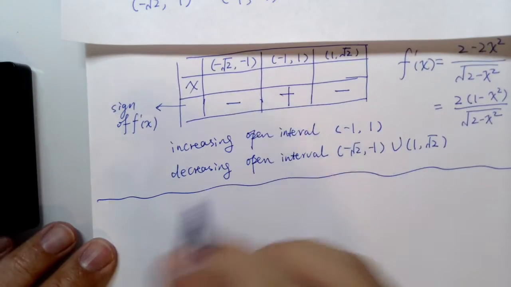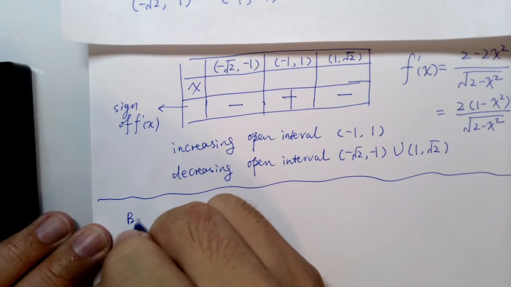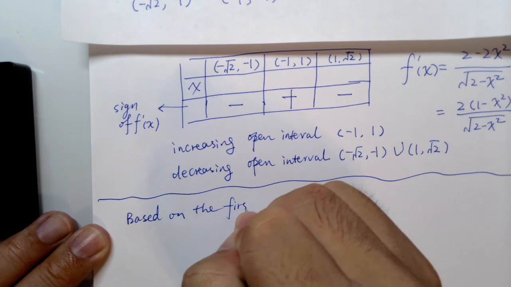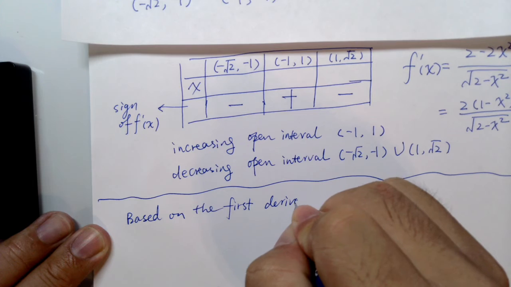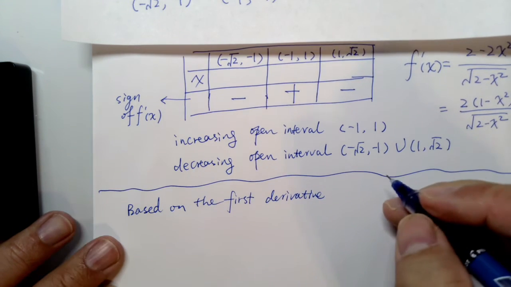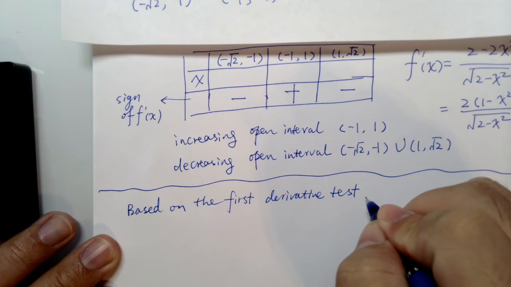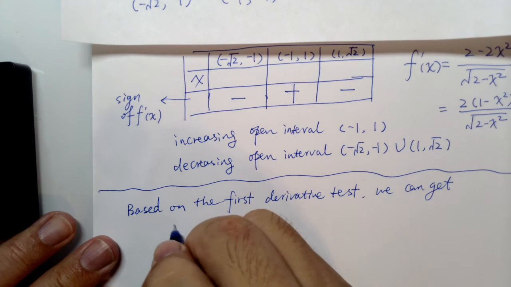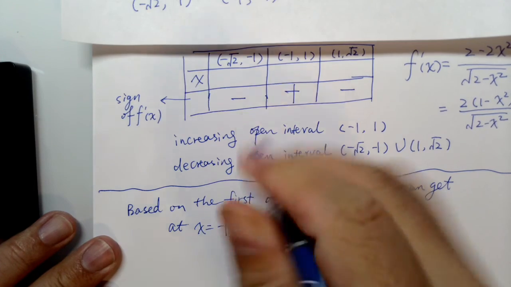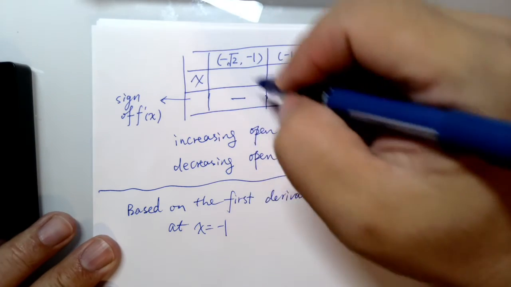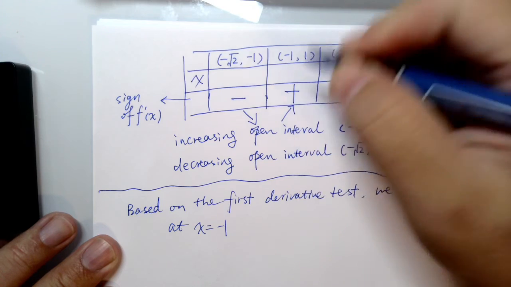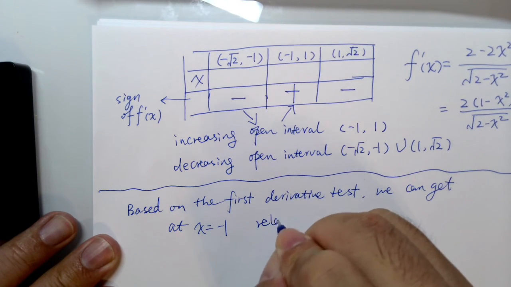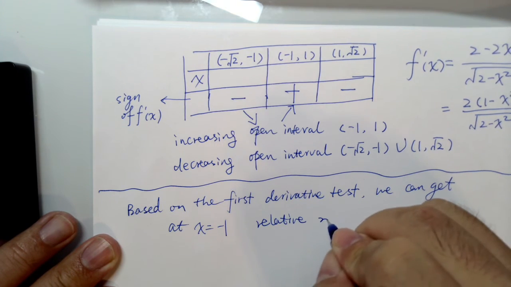So for part 2, based on the first derivative test, at x equals -1, since it's decreasing and increasing, we're going to have a relative minimum.